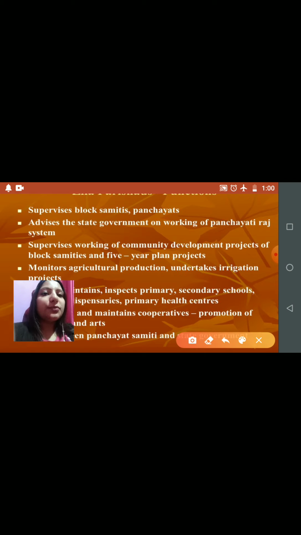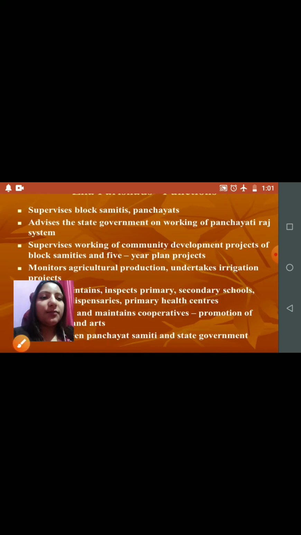It supervises the working of the community development projects of block samitis and the 5-year plan projects. In India we have a plan project, and every 5 years we have certain projects that need to be fulfilled, which are also supervised by your Jilla Parishad. It also monitors agricultural production and undertakes irrigation projects.